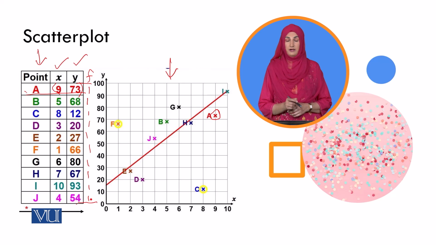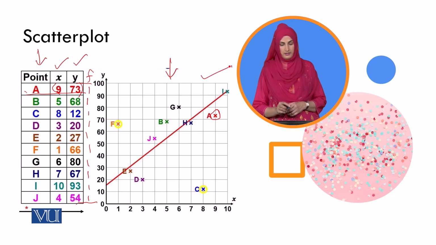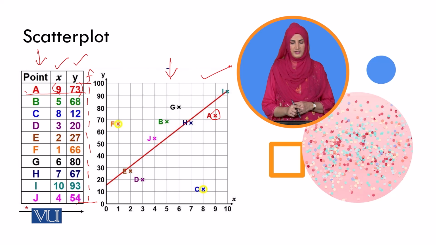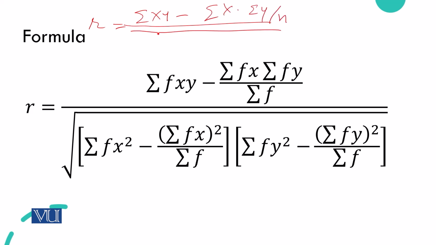So usually if x and y are given and no frequency is given, it means a single frequency, and the scatter plot is like this. But when one more column is given, then the expression is calculated as this one. The usual formula of correlation is summation xy minus summation x into summation y over n, and so on.